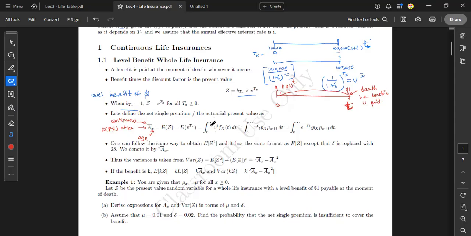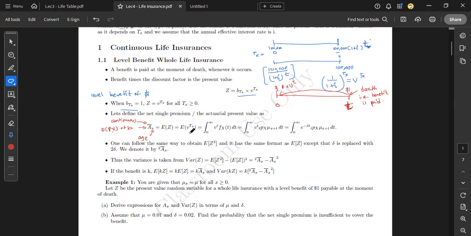But if we had known the limiting age, it should be omega minus x. And the random variable is v to the power t, but t is the random component in here. So the density function of t has to be included in here.